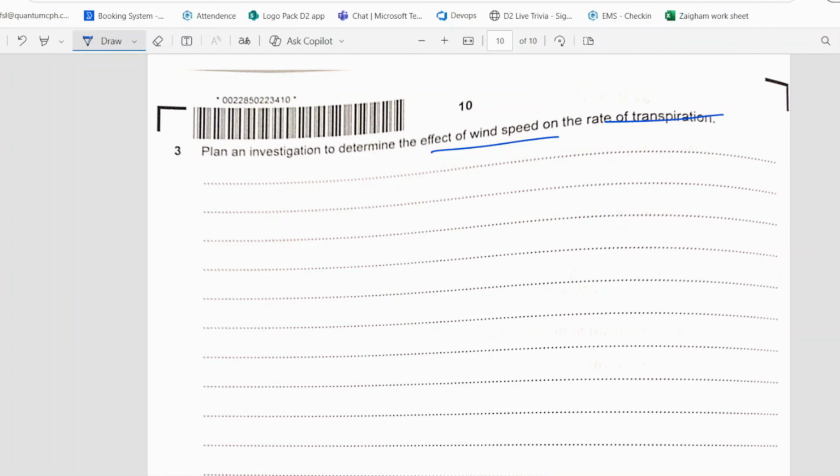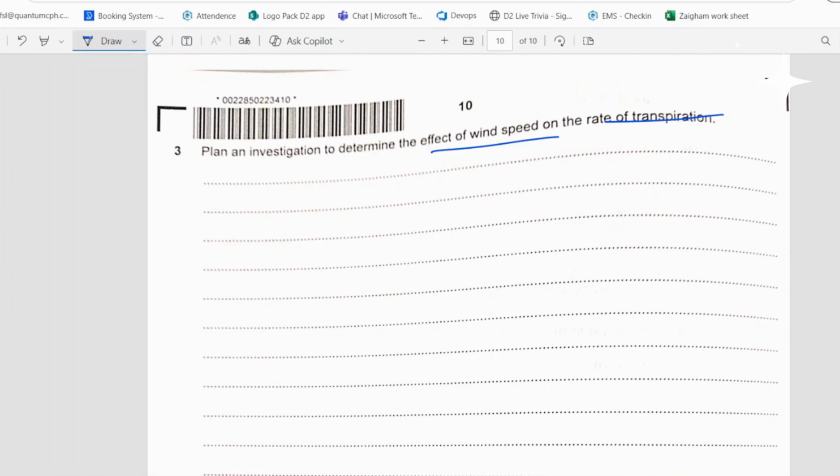The potometer would be used, but how would you determine the rate of transpiration? We determined the activity of catalase with the help of the height of foam, right? So here, it is the distance traveled by the air bubble in the potometer. You need to revise the potometer topic, okay? Please revise it.